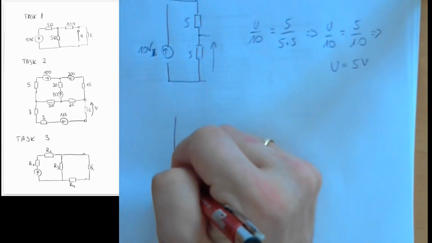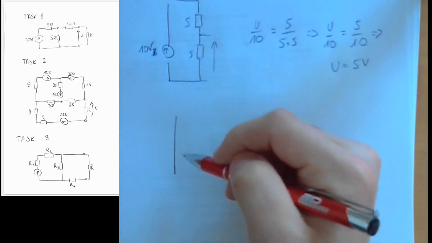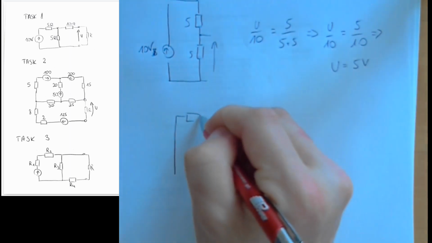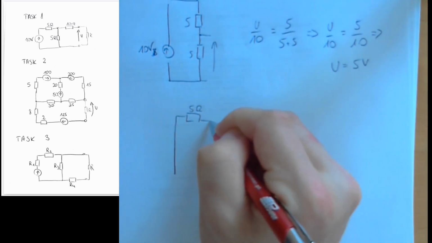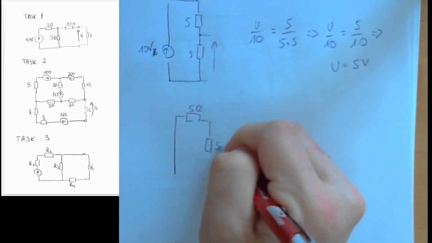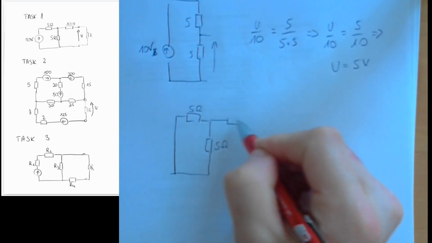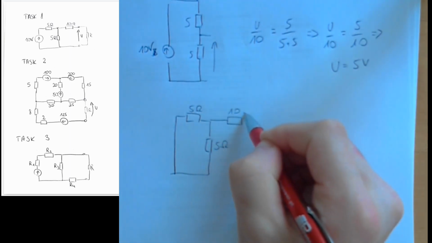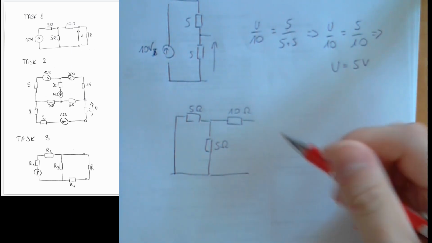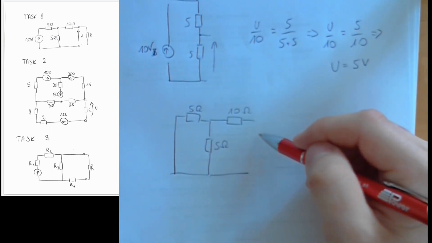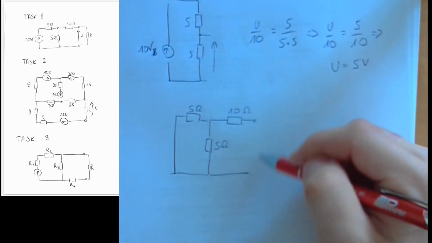So we have short circuit right here, 5 ohm resistor, 5 ohm resistor, and 10 ohm resistor, and we are calculating what is the equivalent resistance of this circuit.